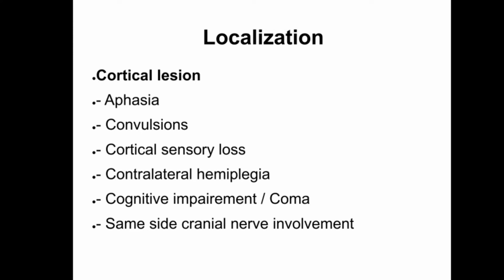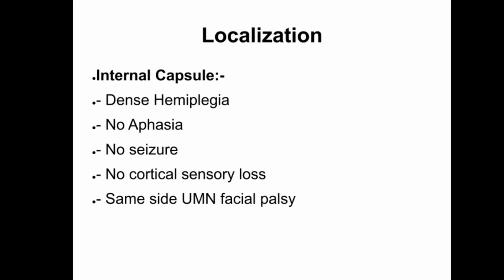In massive cerebral infarct, you can even see impairment of conscious level. Internal capsule. Internal capsular lesion: dense hemiplegia with upper motor neuron facial palsy. There can be hemiparesis, no seizure, no aphasia. That means cortical signs won't be there.